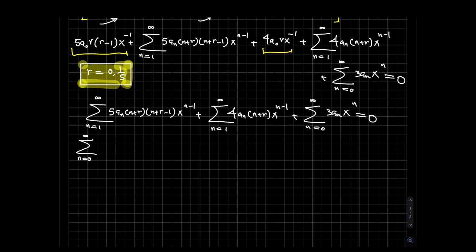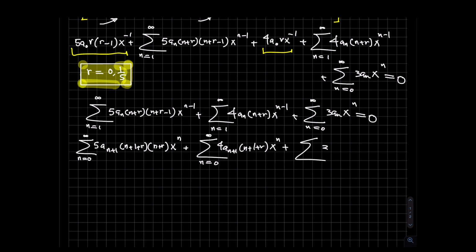That means I have to increase the n by 1 unit on the inside, so 5 a_(n+1), n plus 1 plus r, n plus r, x to the power of n, plus, same here. I lower the index by 1 unit, so I increase the inside n by 1 unit, so it'll be n plus 1 plus r, x to the power of n, plus I don't touch the third one because it's already x to the n from 0 to infinity, and all that is equal to 0.